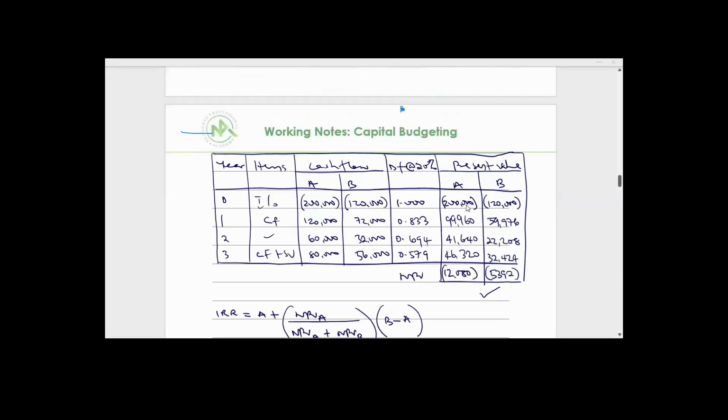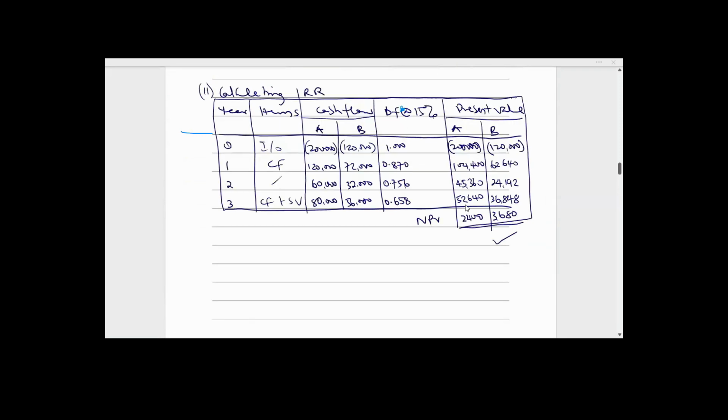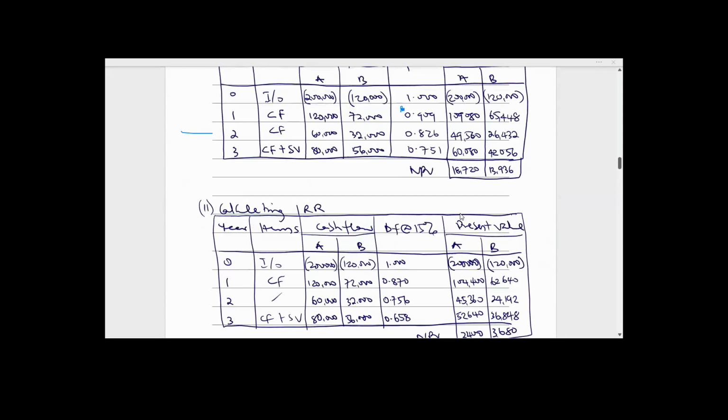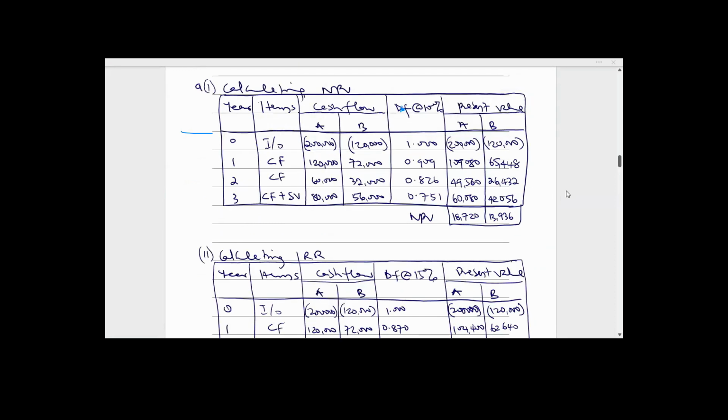A wise student may ask: you have calculated NPV before, and we used the 10% discount rate given to us in the question, and we got a positive NPV. Can't we just increase from 10% to 20% to get a negative NPV? Yes, you can do that, only at this level.